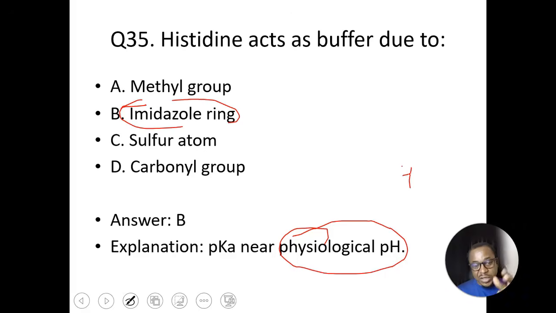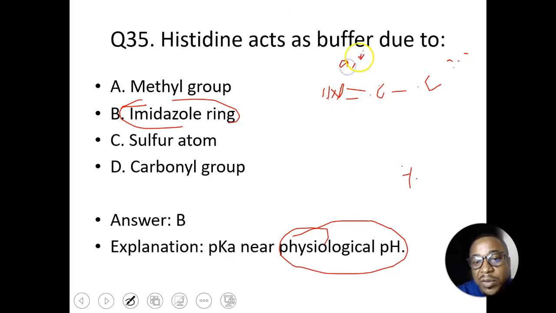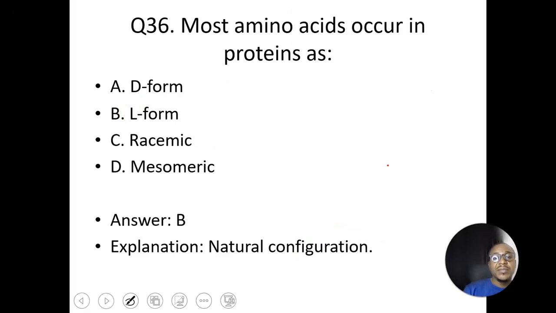So histidine has a pK near that, though histidine has three pK regions: the carboxyl group is around 2 point something, the amino group is around 9 point something, while the one on the R group is around physiological pH. So that's why it can serve as a blood buffer.